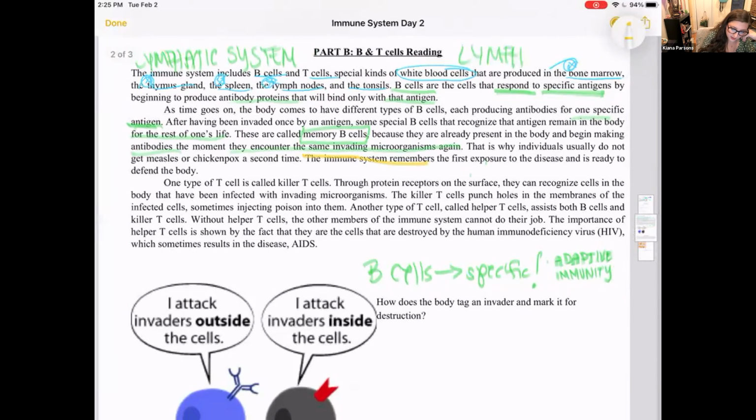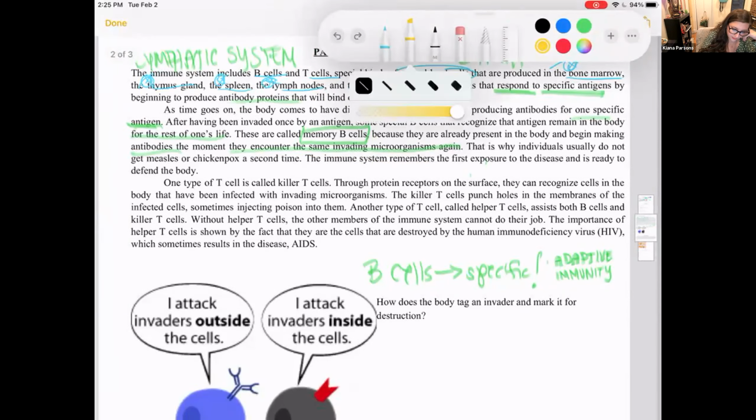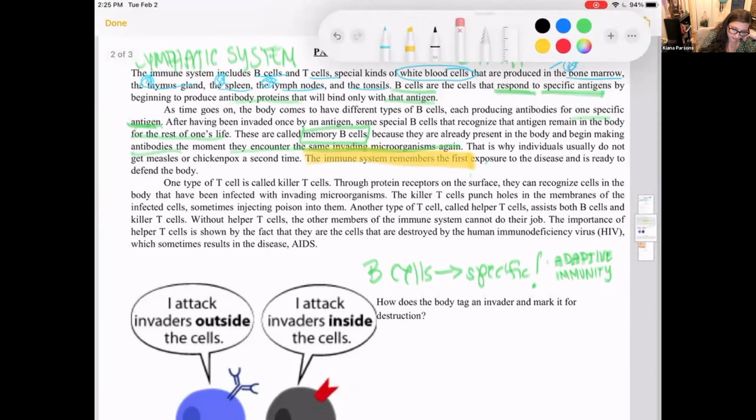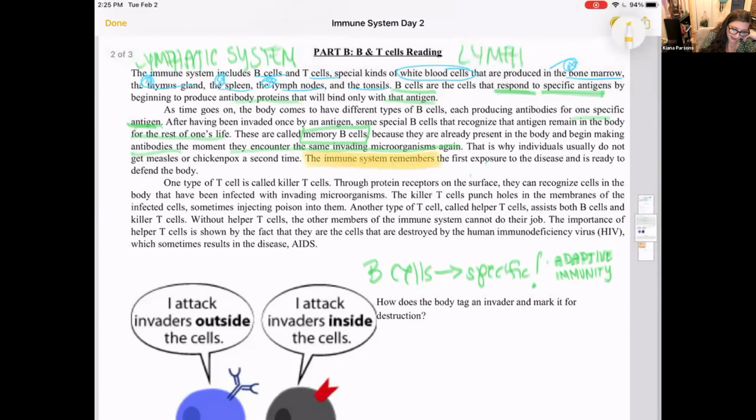The immune system remembers. And that's really the cool thing about our immune system, is that it remembers, right? Memory B cells, our immune system remembers that exposure.